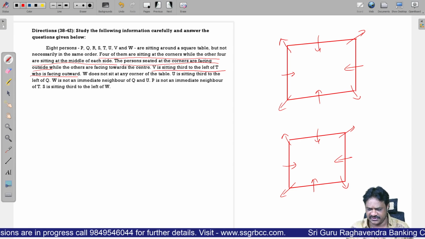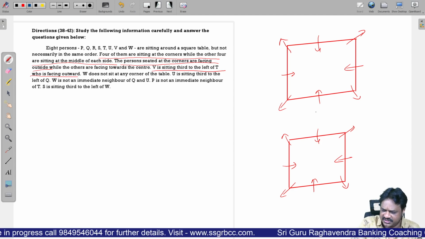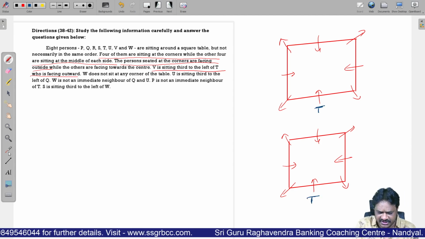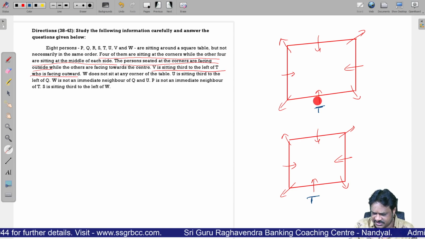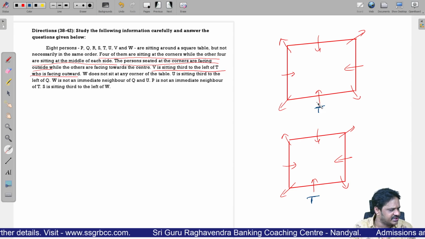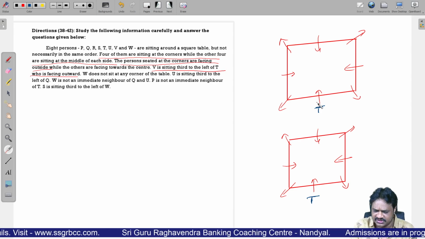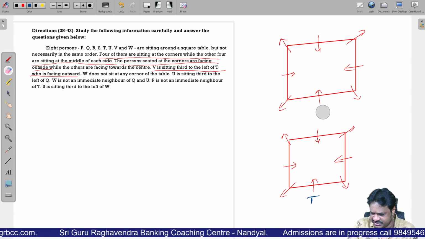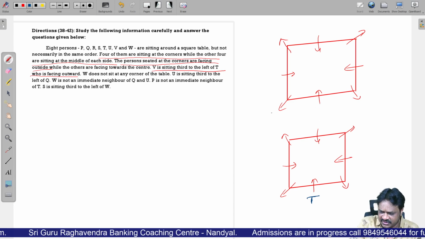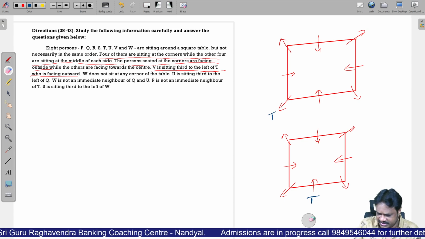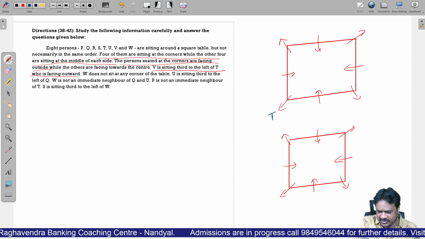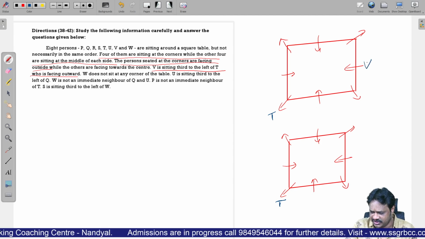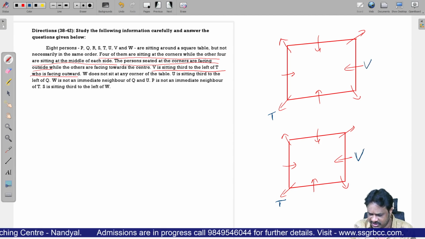Sorry. T is facing outward means T should sit at the corner. Why? Because T is facing outside. Okay, write down T in the corner. V is sitting to the left means to the right.